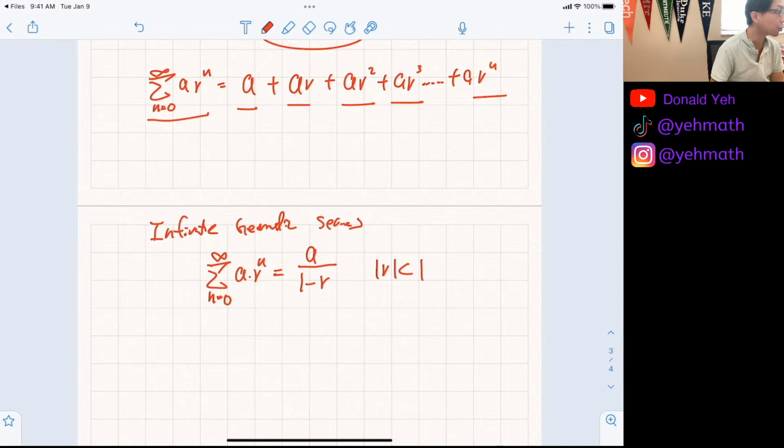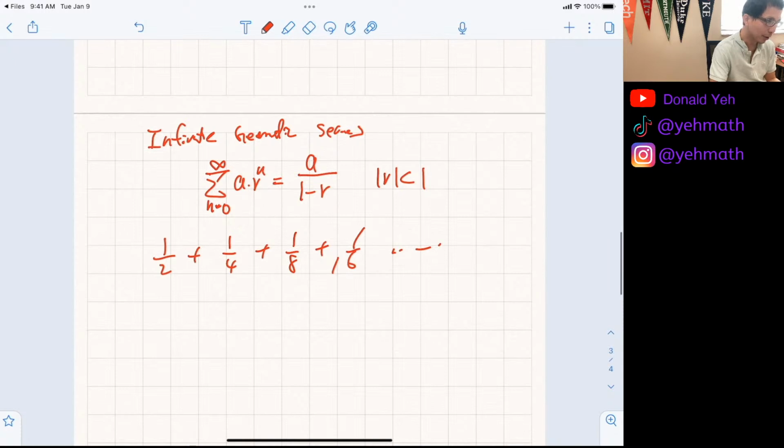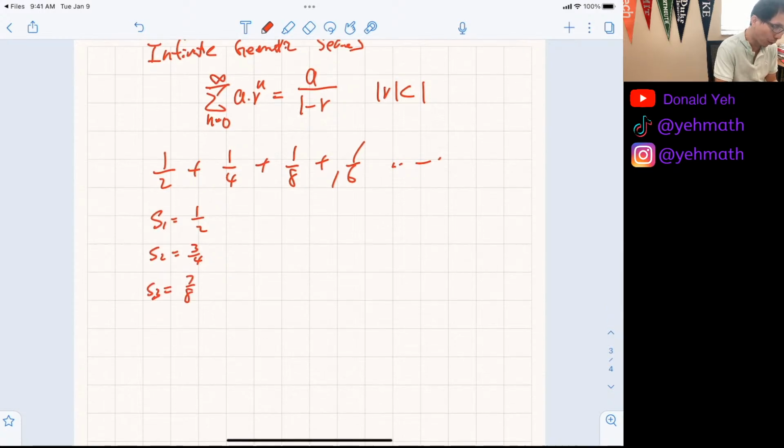All right, remember yesterday we had this, right? 1/2 plus 1/4 plus 1/8 plus 1/16, and it keeps going. How do I find out if they're infinite? Yesterday we did a different way. We figured out S1 is equal to 1/2, S2 is equal to 3/4, S3 is equal to 7/8, and S4 is equal to 15/16.